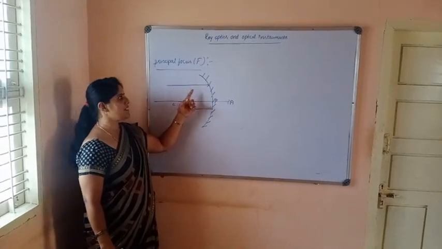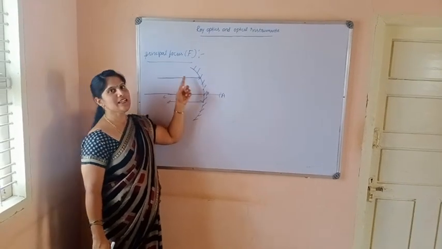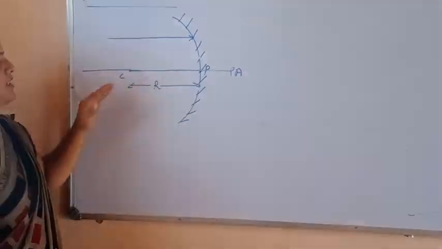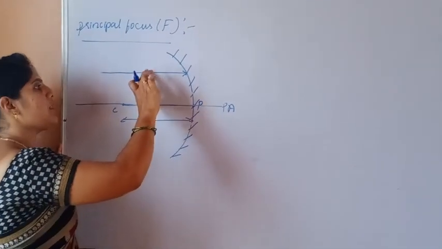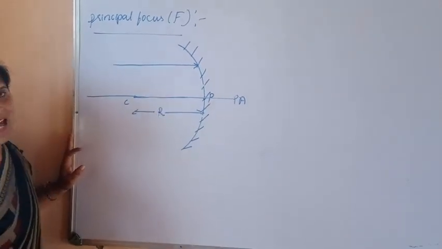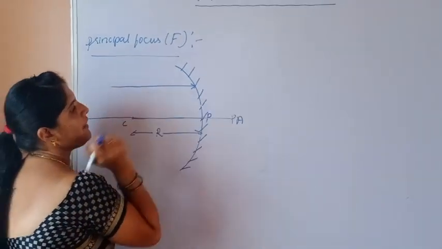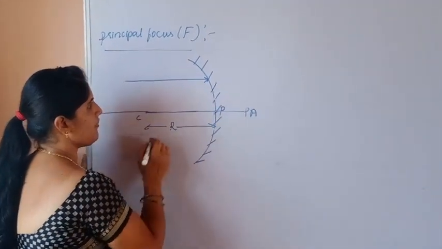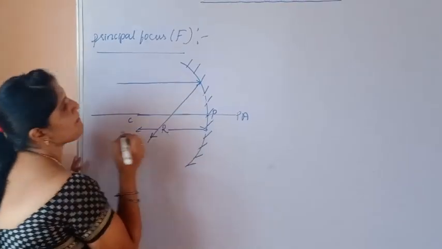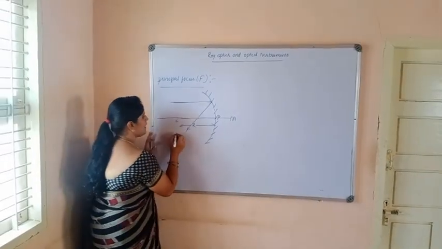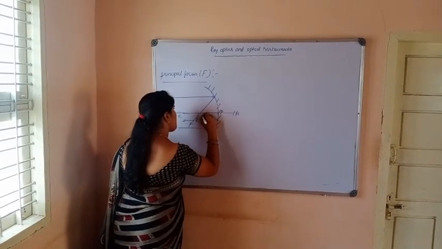Such rays are known as paraxial rays. Paraxial rays are the parallel beam of light that are very close to the principal axis. When a parallel beam of light is incident on the spherical surface, it gets reflected back like this. Suppose another ray of light is incident here, again it gets reflected back.